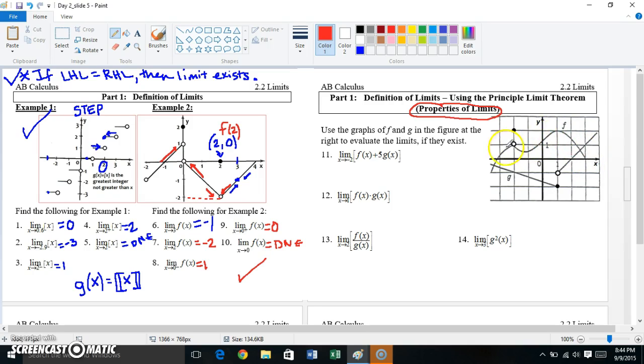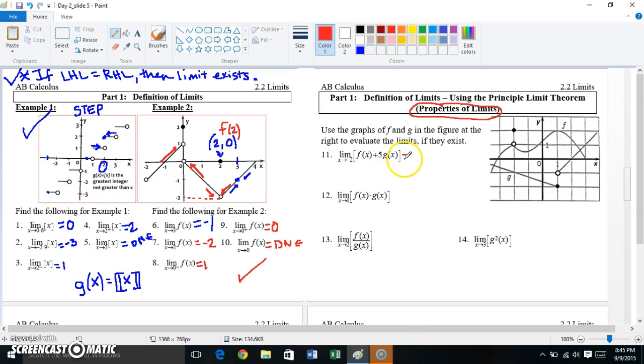Kind of looks like a roller coaster, except there's a hole in the graph and another value point here at -2, 2. And then g of x is the piecewise linear: this negative sloped line up to x equals 1, and then this positive sloped line greater than 1. Okay, so here we have the limit as x approaches -2 of f of x plus 5 times g of x.